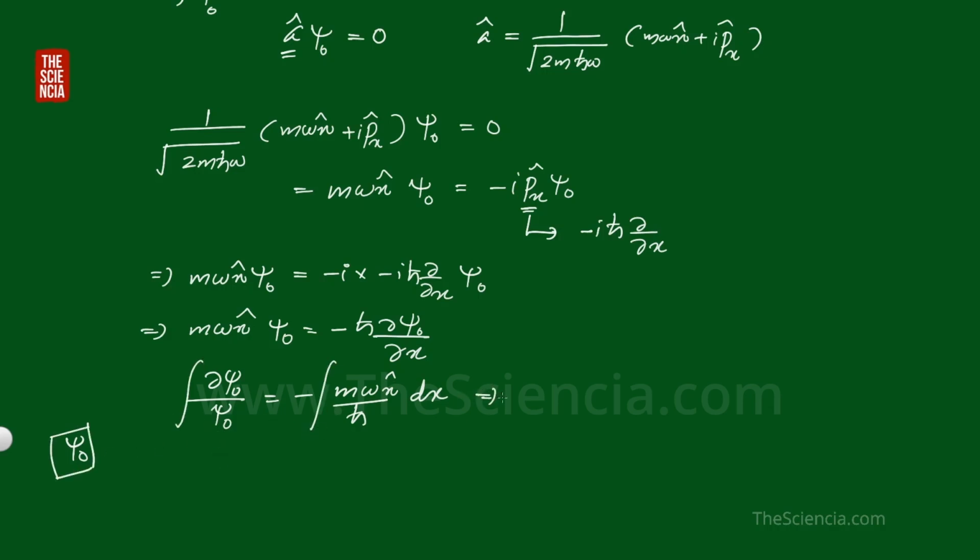So what do we get? We get log psi 0 is equal to minus m omega x square by 2 h cross plus log c. So we can find out the psi 0 value, that is equal to c e raised to minus m omega x square by 2 h cross.